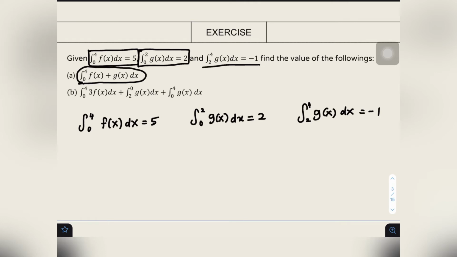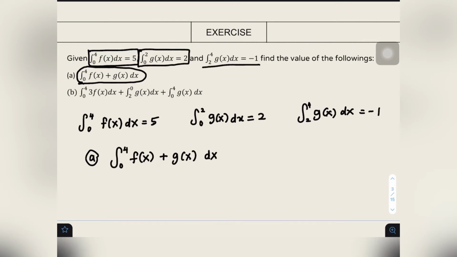from 0 to 4. So here we want to use the properties of definite integrals. We want to solve question A first. Let's find the value of the integration of f(x) plus g(x) with respect to x from 0 to 4.